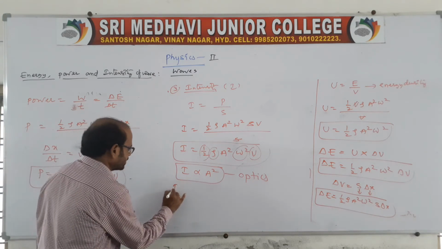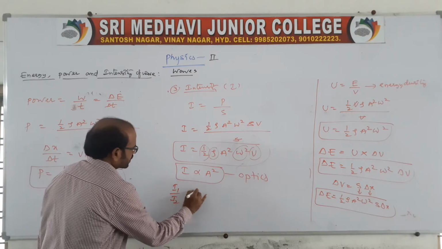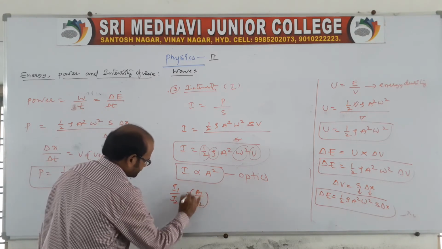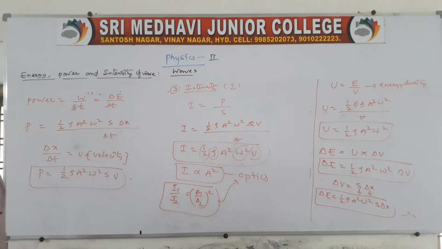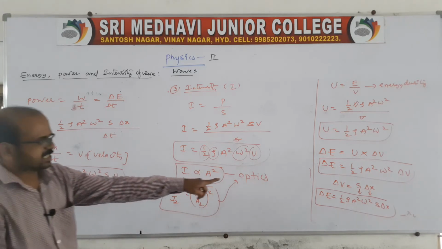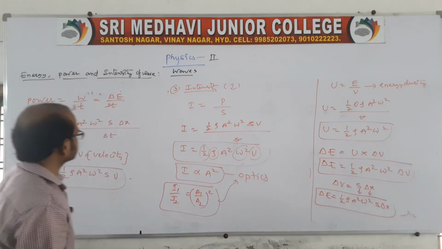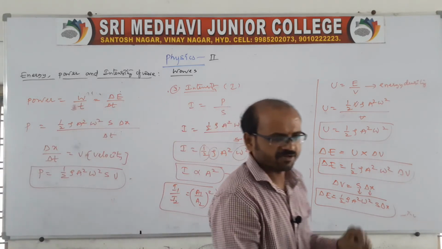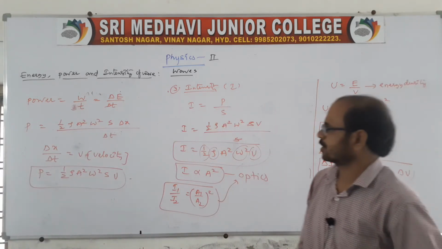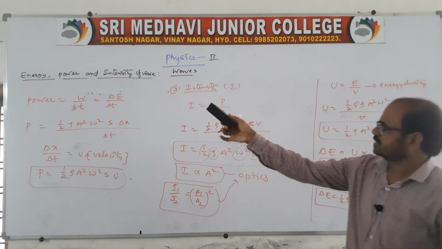So we can write I1 by I2 is equal to (A1 by A2) whole square. This is there in the next chapter, optics. So these are the relations: one is the energy relation, another is the power relation, and one more is the intensity, in the case of a wave propagating from one point to another point. So these are the energy, power and intensity.